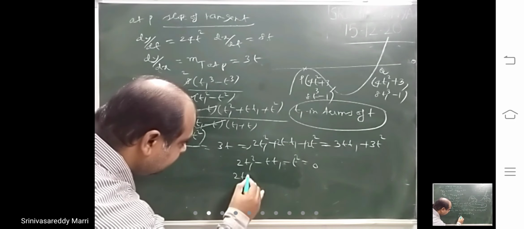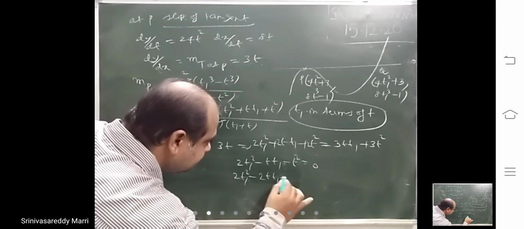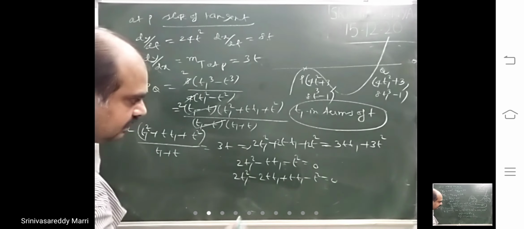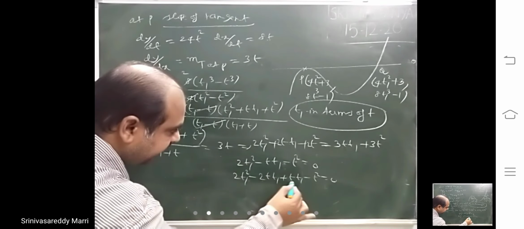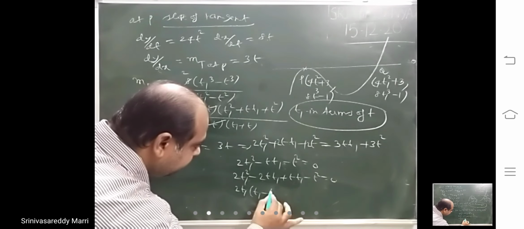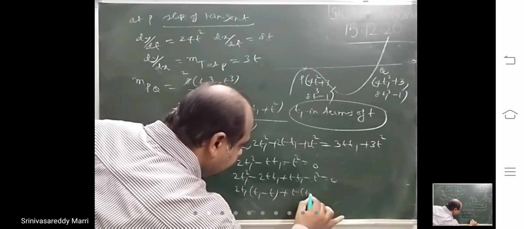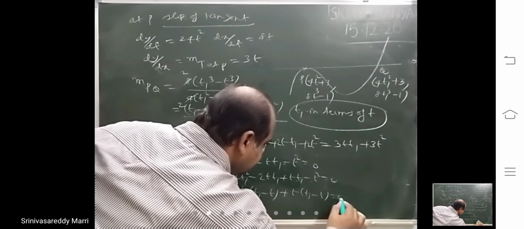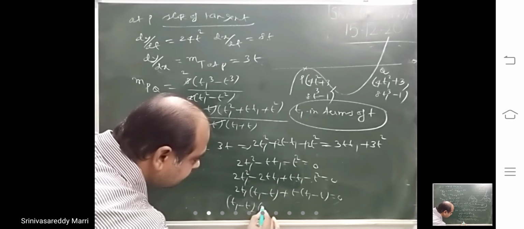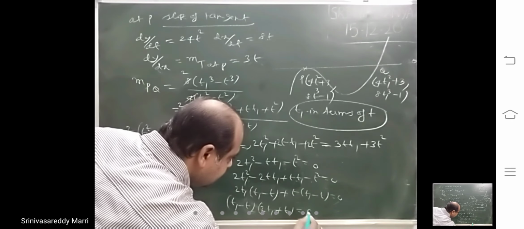Factorize this. Last step: 2t1 square plus t t1 minus t square, factorizing. That means 2t1 you take common t1 minus t, plus if you take t common t1 minus t equal to 0. t1 minus t common, 2t1 plus t equal to 0.